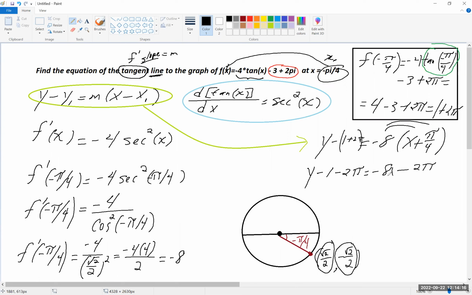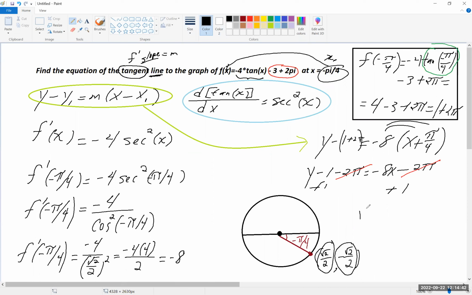Except I don't want to lose my x there. So this is going to work out really nicely because those two are identical. So they will definitely cancel. And one of the last things I need to do is add a 1.